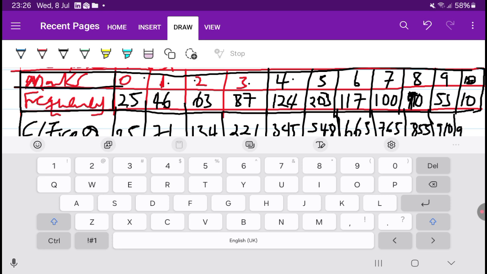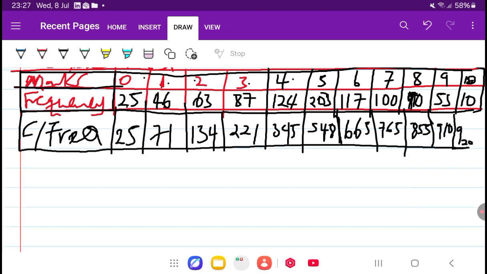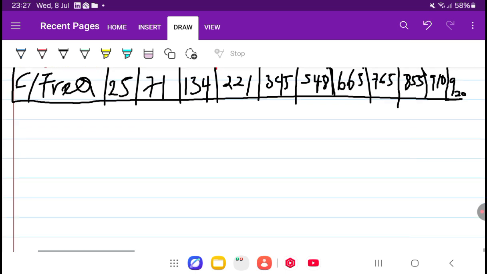Most of the times, when you're dealing with ungrouped data, we always use this n plus 1 over 2.